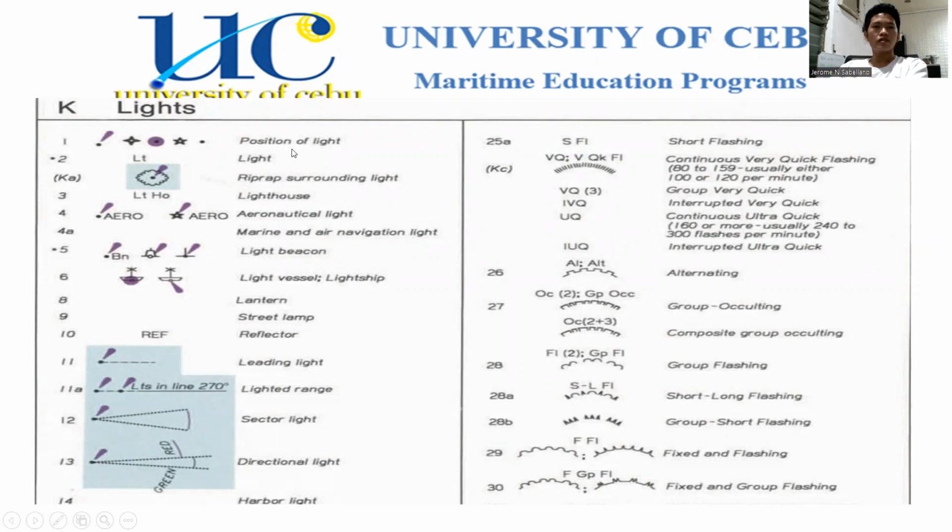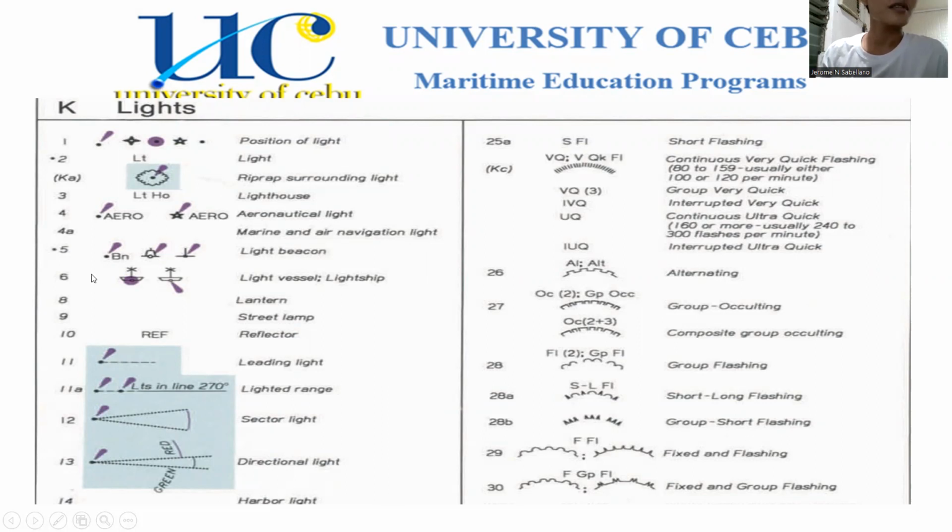First, lights. As you can see here, these are the symbols for the position of lights. There are five symbols: the lighthouse, the aeronautical light, and the marine and navigation light.